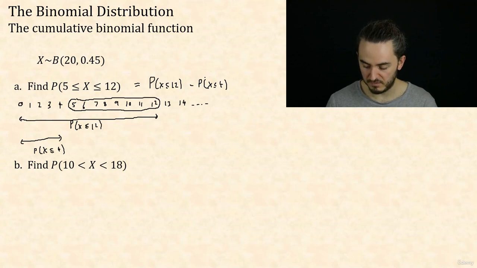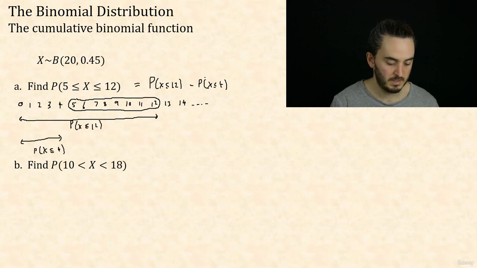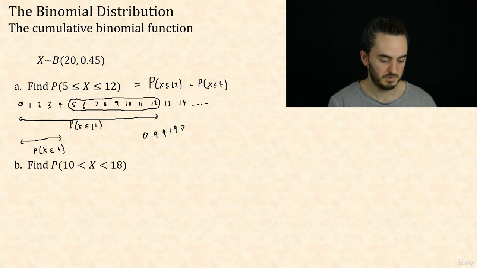So now it's just over to the calculator. So binomial CD, variable, and we want x is 12, n is 20, p is 0.45. And the first one here is 0.94197. I'll go with 5 significant figures just so I'm super accurate until the end. And the next one I'm just going to subtract what it is when it's 4.